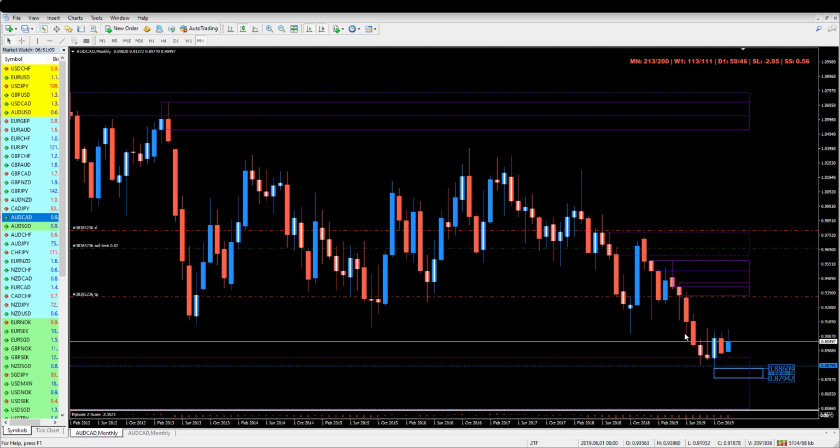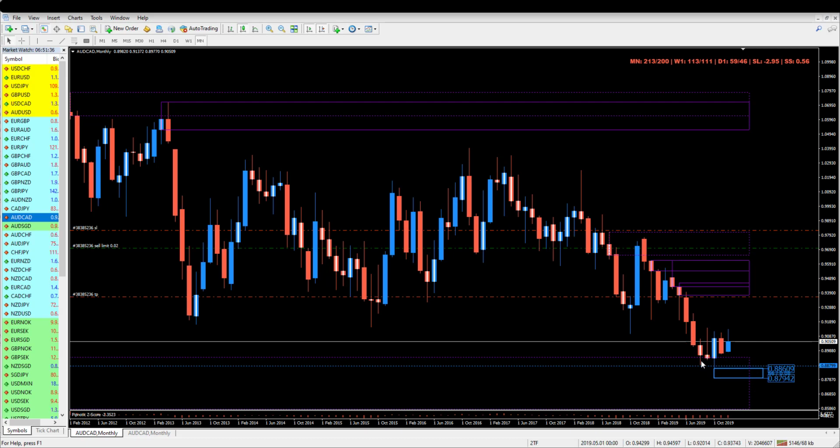And notice also that as price moves down here, now we're painting these white candles. This is telling us very clearly that we are beginning to distribute liquidity. Traders are buying liquidity, brokers are selling liquidity. The brokers sell to make the price go higher, and they buy to make the price go lower. And right now they are selling, and traders are buying.